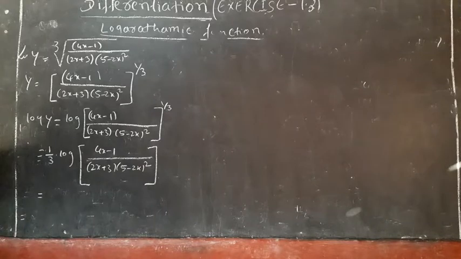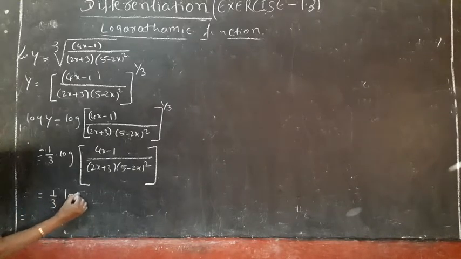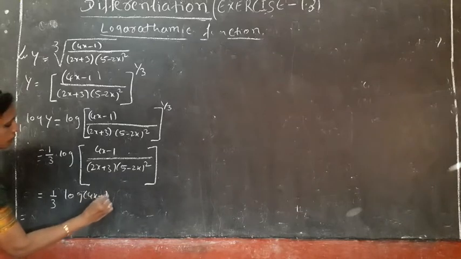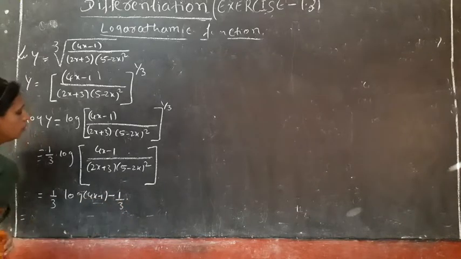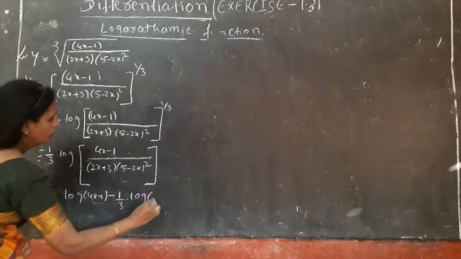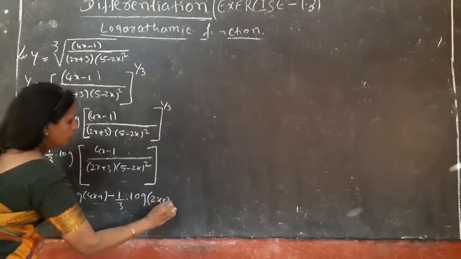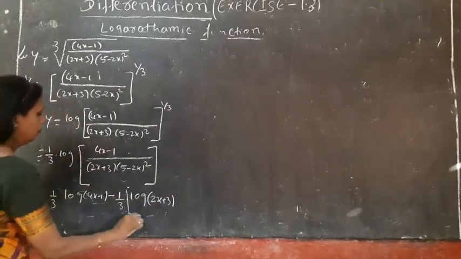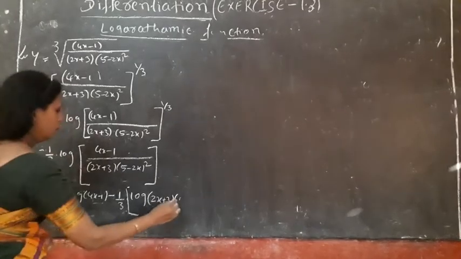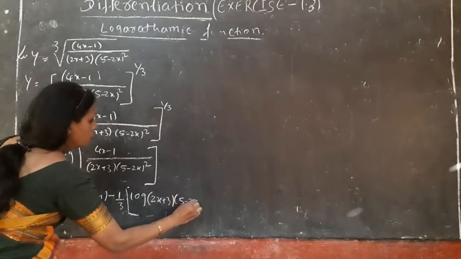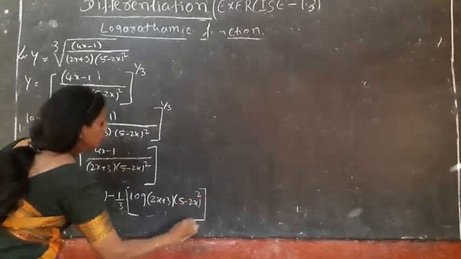Next apply the log m upon n formula. 1 upon 3 is common for both: log of (4x minus 1) minus 1 upon 3 log of ((2x plus 3)(5 minus 2x) squared).